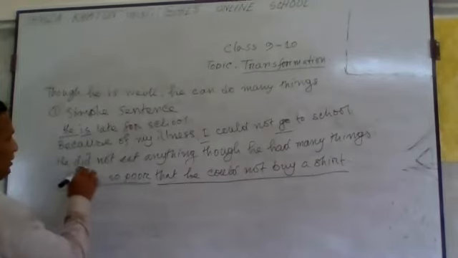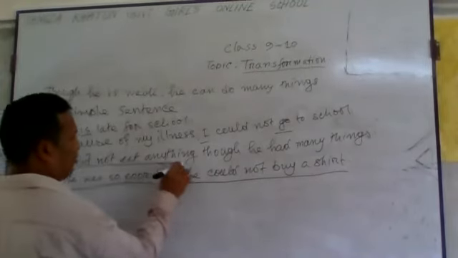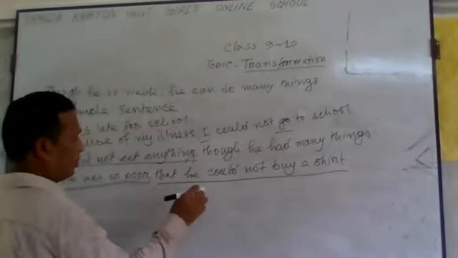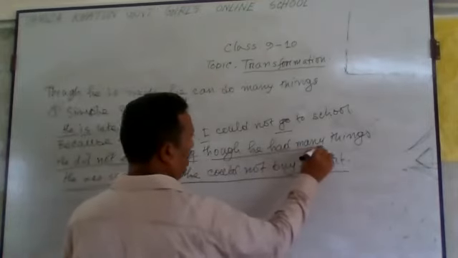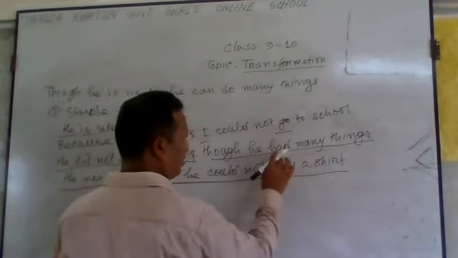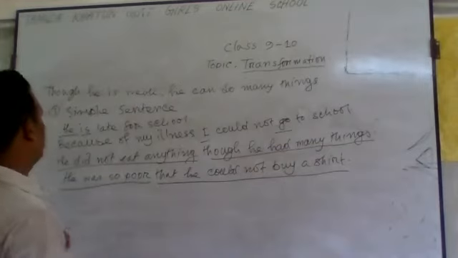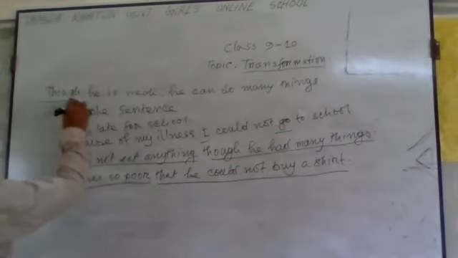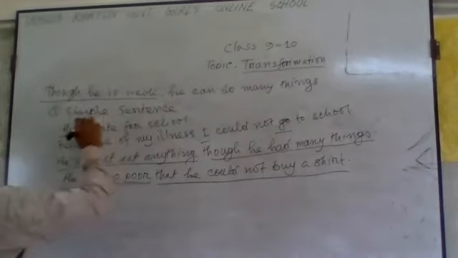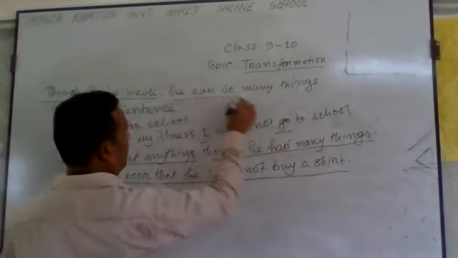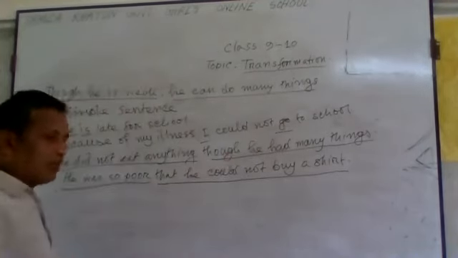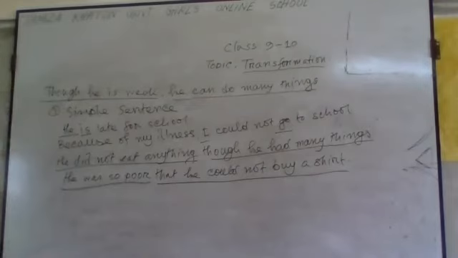He did not need anything. This is the principal clause. Though he had many things, this is the subordinate clause. He can know many things. This is the principal clause. Okay.